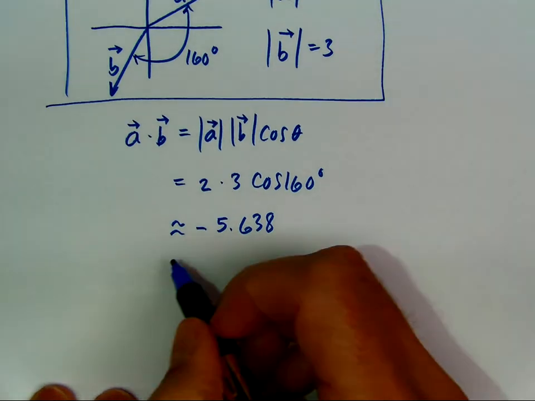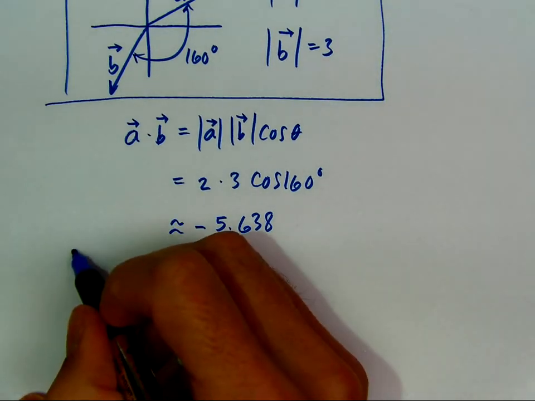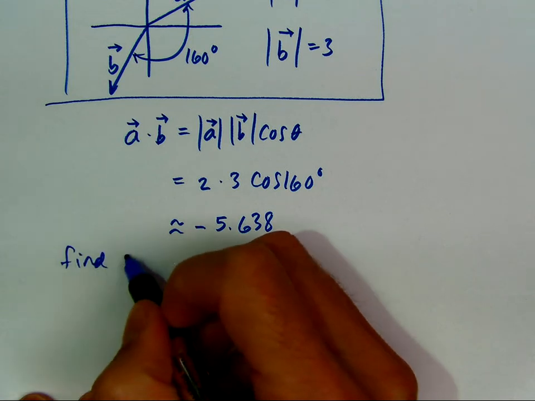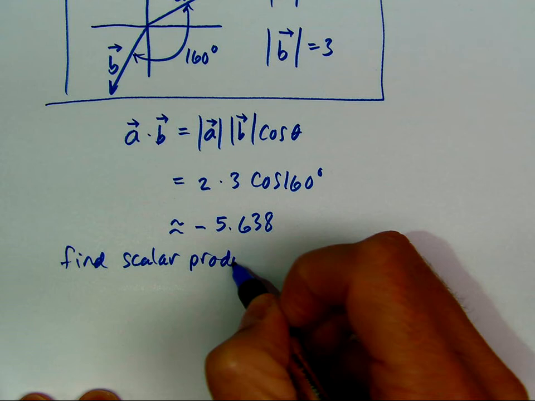Another type of question is when we don't talk about an angle and it just says find the scalar product.